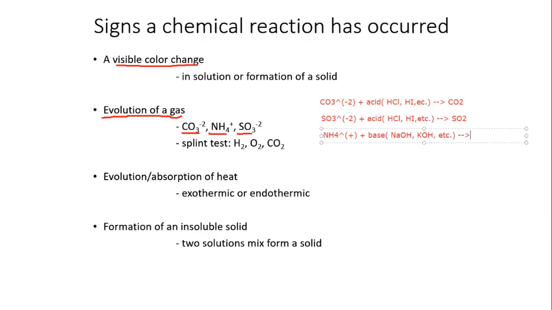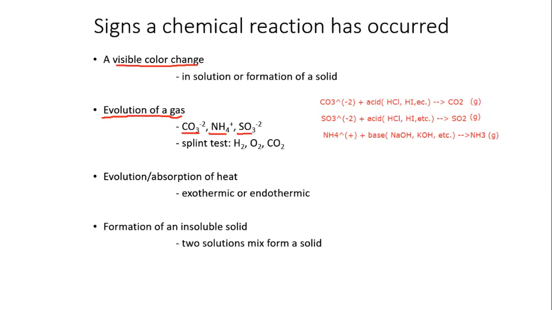And so when you react ammonium with a base, you produce ammonia, which has a very distinct odor associated with it. So these are some ions that react with either an acid or a base to form a gas.